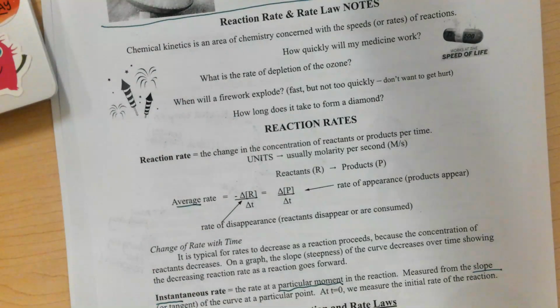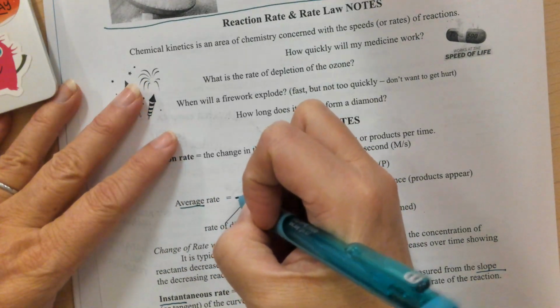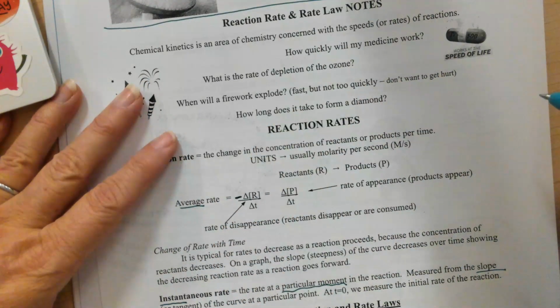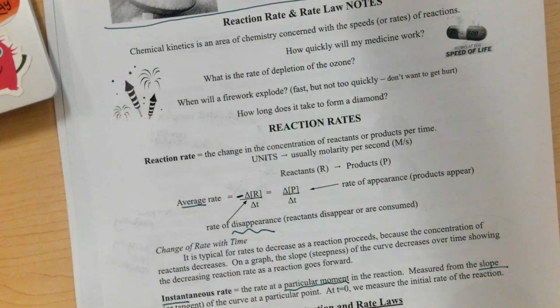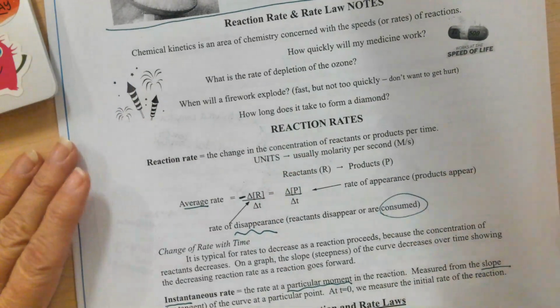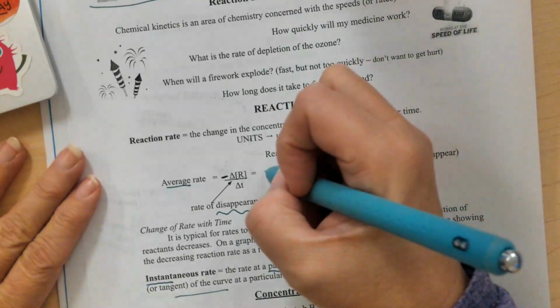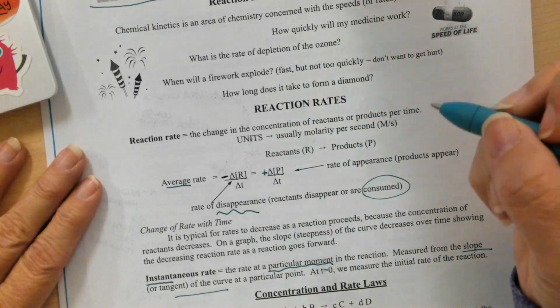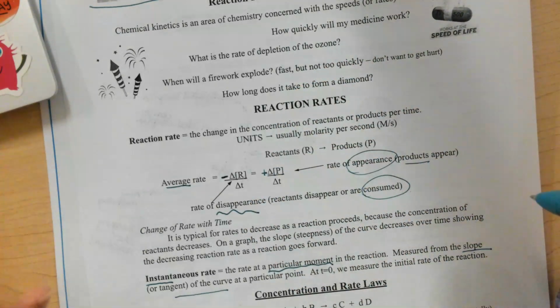And of course, the reverse is the same idea. But here's what we've got. When we are talking about reactants in a reaction, we're losing them. So the rate of disappearance is what we call that, because reactants are being consumed. They're going away. We're using them, okay? And the products are a positive change because they're appearing, they're being produced, okay?